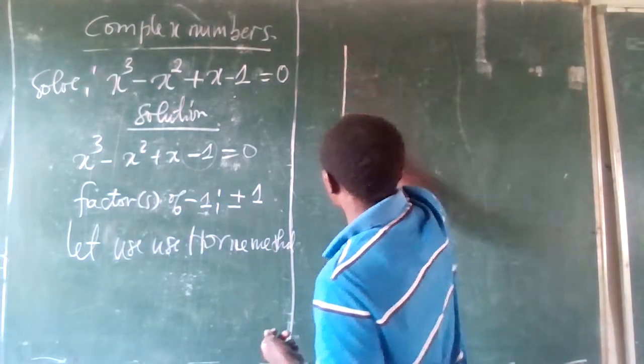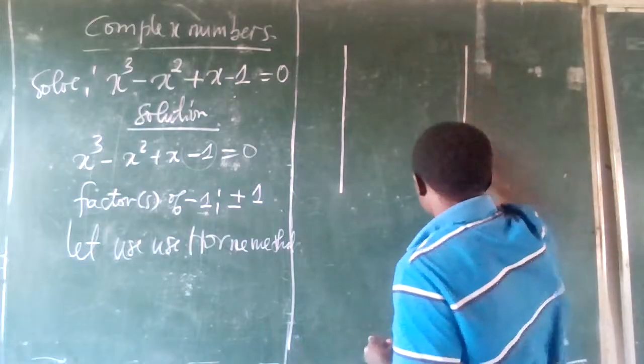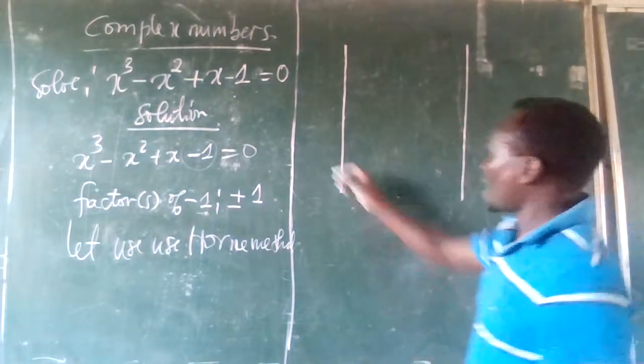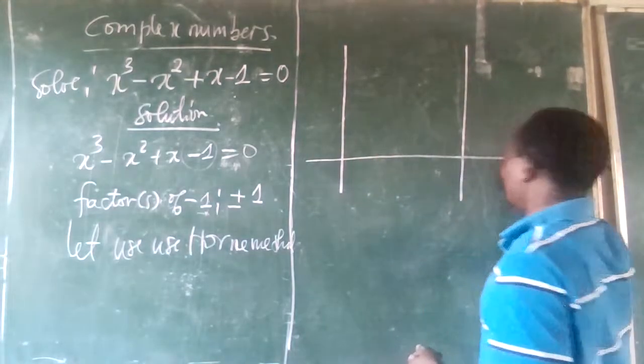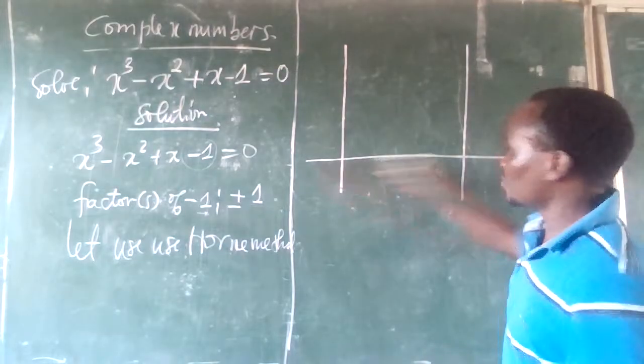Now we have our polynomial. You have to draw two vertical lines and a horizontal one.